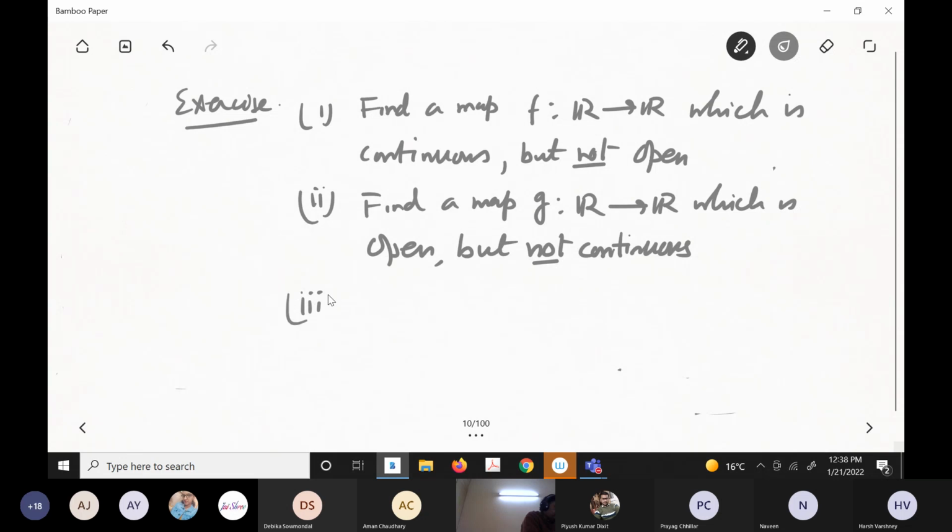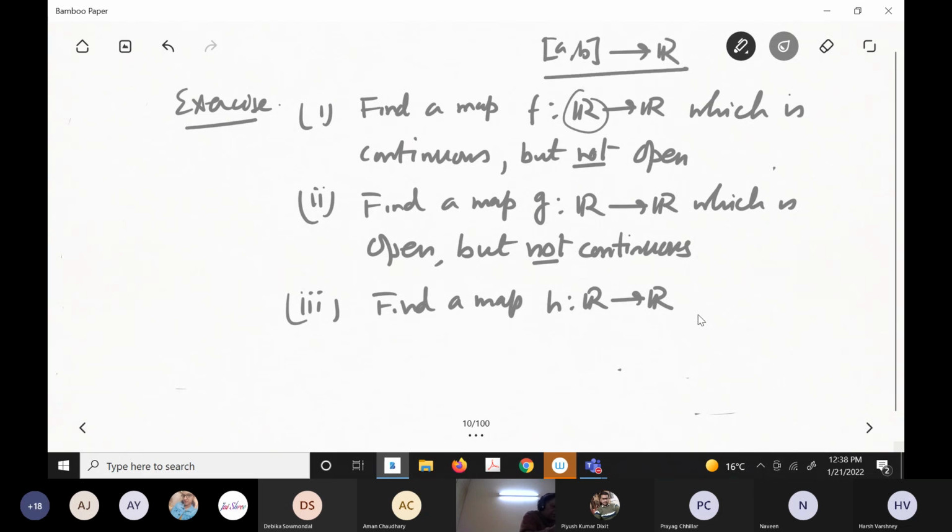And here, find a map h from R to R. If you do it on an interval or something different, that will be all right for me. Find a map h from R to R such that h is open but not closed. Similarly, you do for this.